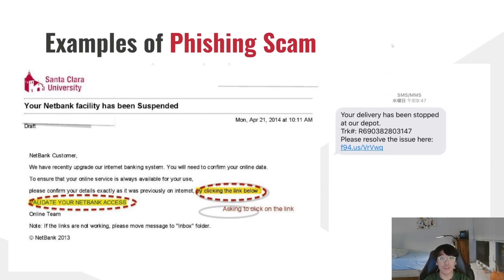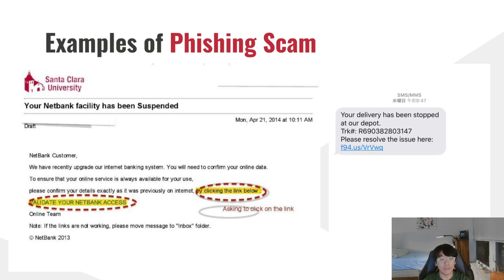Examples of phishing scams. This email was sent by Santa Clara University. Your NetBank facility has been suspended. Supposedly from NetBank in Santa Clara University, it says, we have currently upgraded our internet banking system. You need to confirm your online data. To ensure that your online system is always available for your use, please confirm your details exactly as they were previously on the internet.